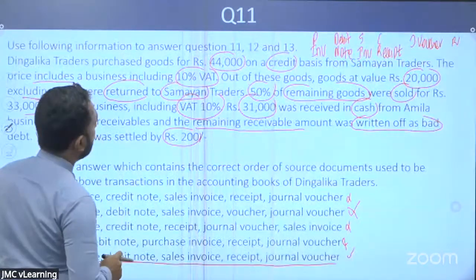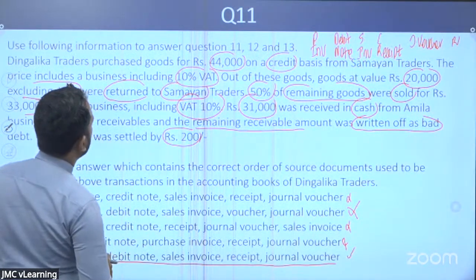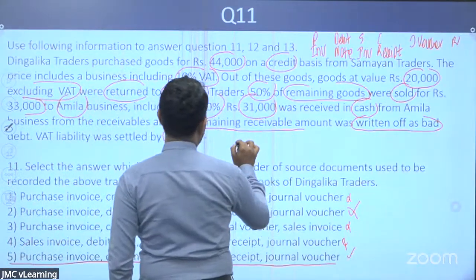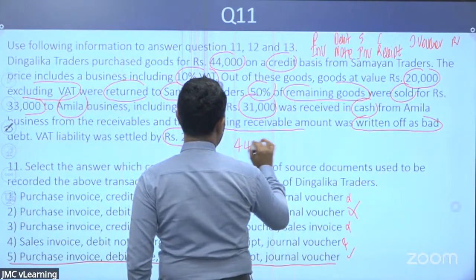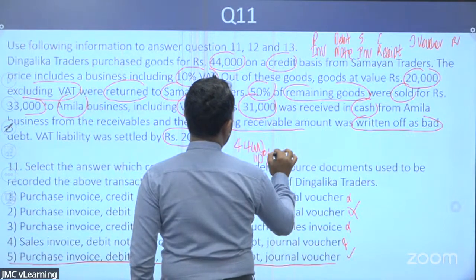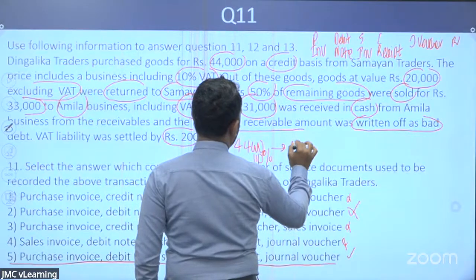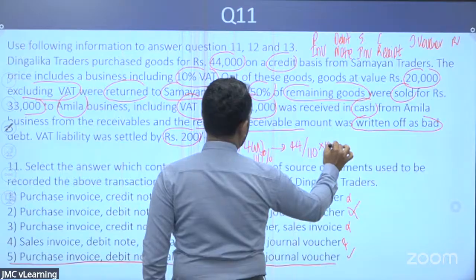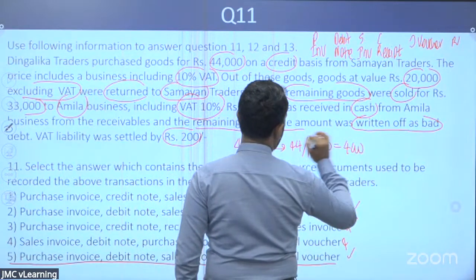First of all, you are purchasing 44,000 including a 10% VAT. If it is 44,000 including VAT, that means 110, no? Then the VAT amount would be 44 divided by 110 multiplied by 10. It will be 4,000.